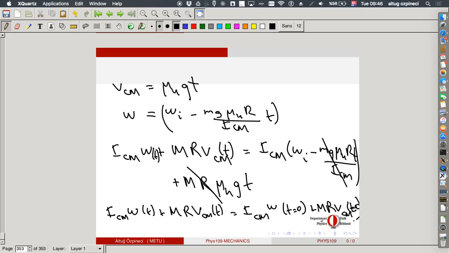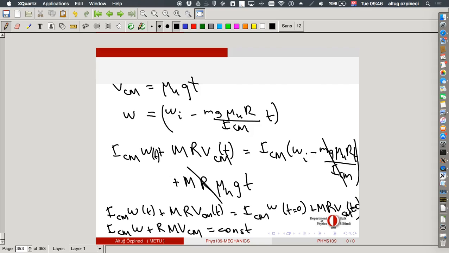We evaluate it at some later time t, we get some value. And this expression tells us that that value is the same. So here we have an expression that doesn't change during the motion of our system: I center of mass times omega plus r times m v center of mass. This is constant.